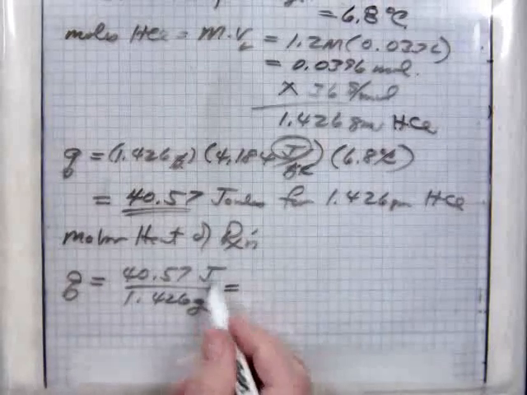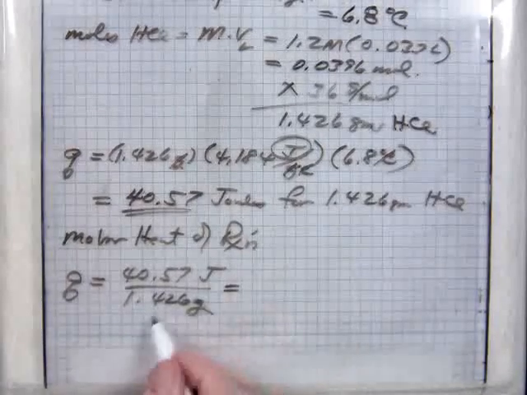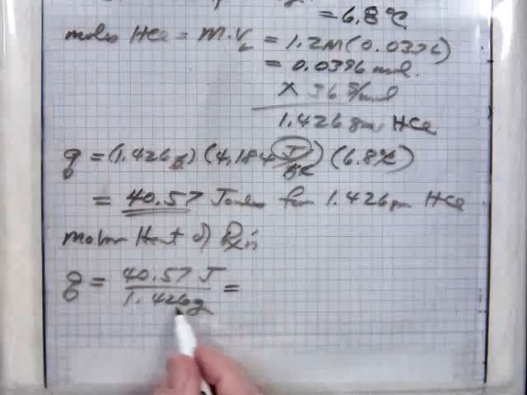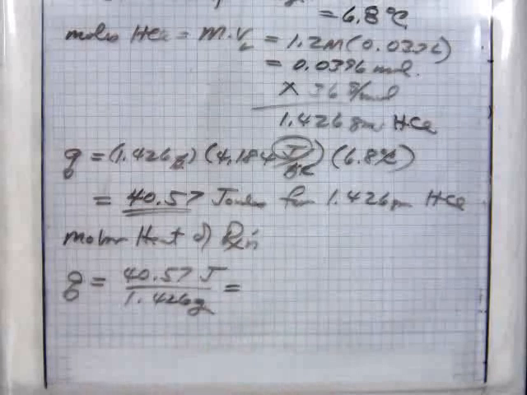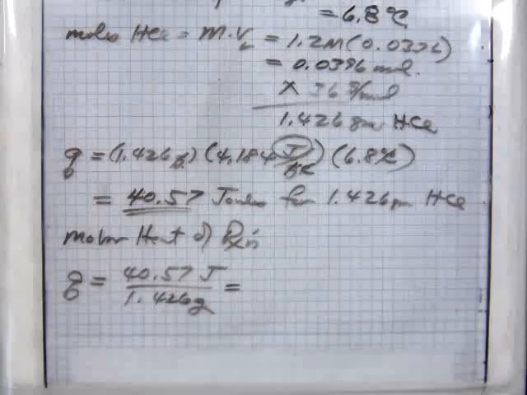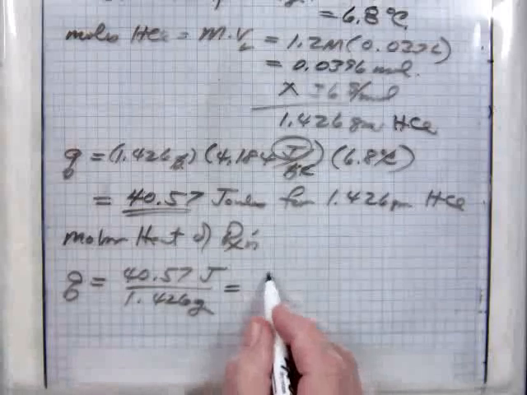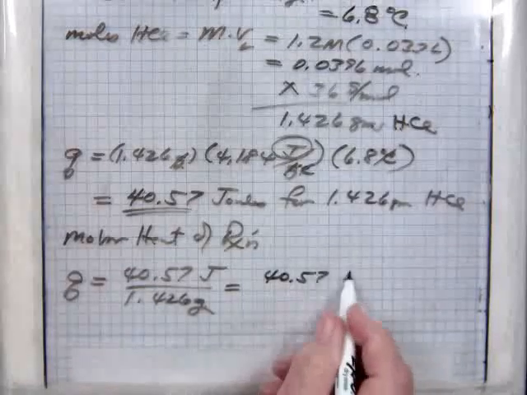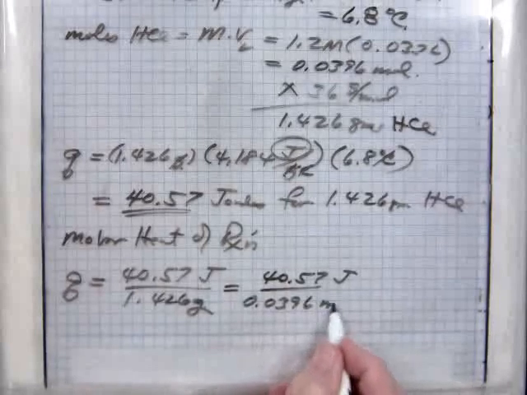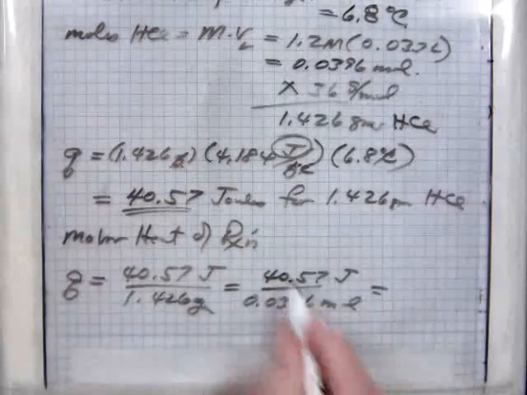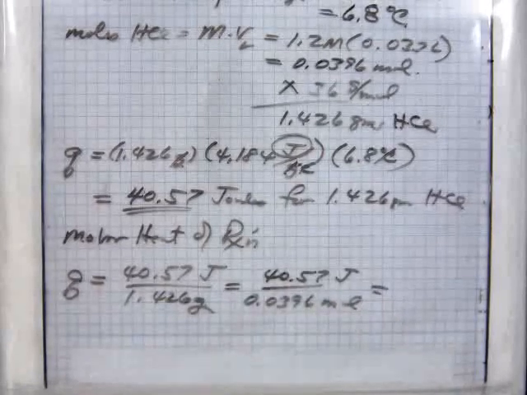So if I want to get that joules per mole, I have to convert this 1.426 grams into moles. I think we did that earlier. So that's 1.426 divided by 36, and that's equal to 40.57 joules over 0.0396 mole.